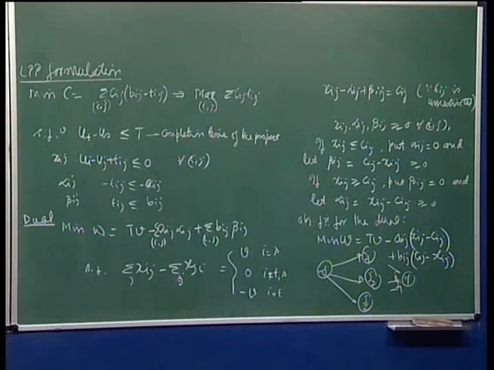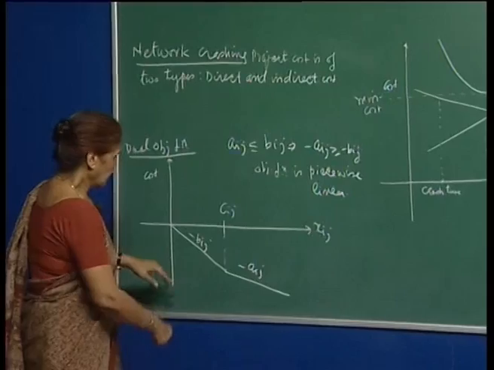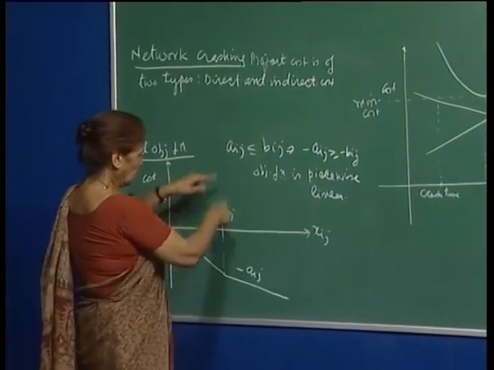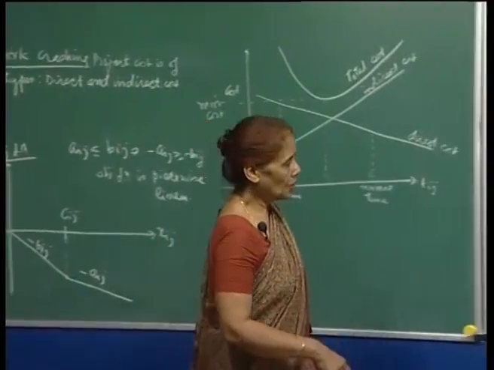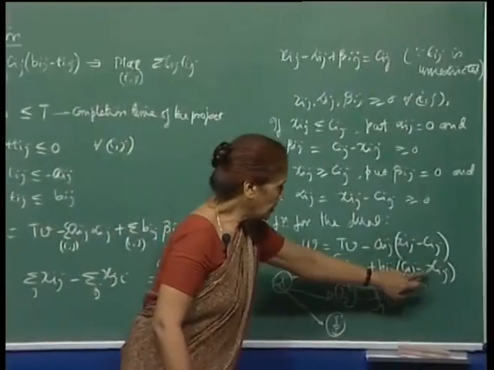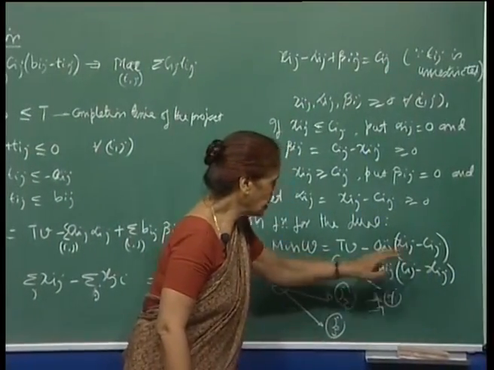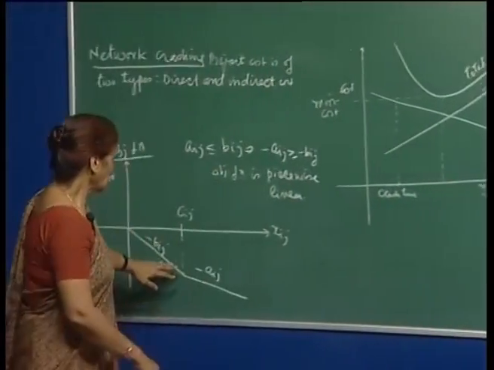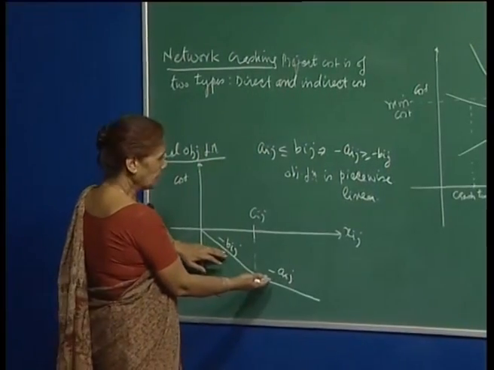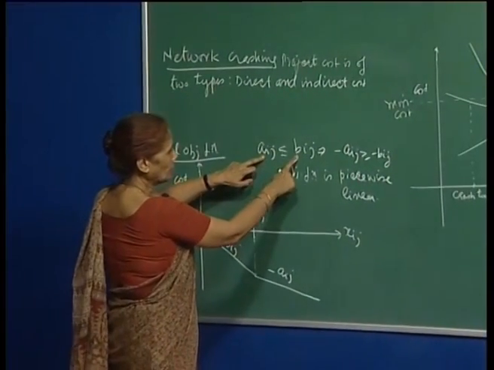You can see from here that for x i j less than C i j, your slope is minus b i j, and here the slope is minus a i j for x i j greater than C i j, right. This is valid, because you have a i j less than or equal to b i j.